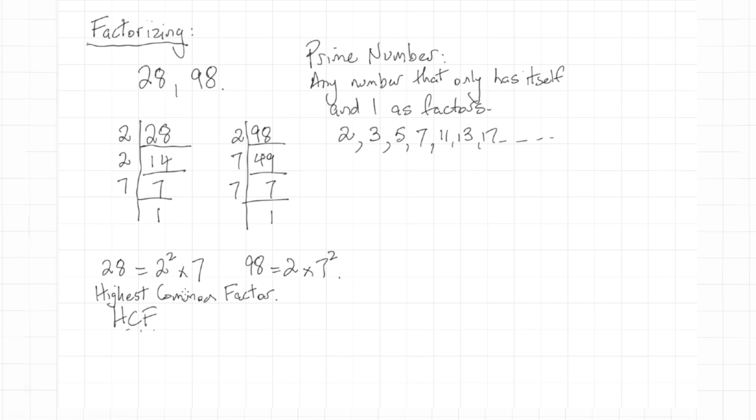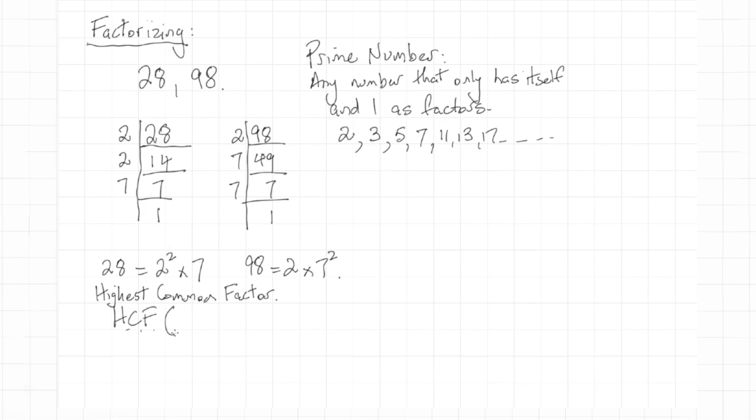Common means it's going to go into both 28 and 98, and the highest means we want the biggest factor, the biggest number that'll go into 28 and 98 evenly. You can already see that both of these are even, so 2 is a factor of both 28 and 98, but not necessarily the largest.